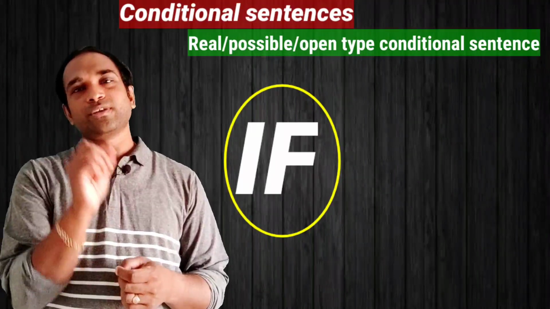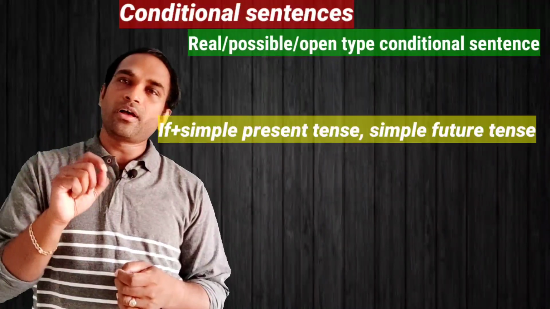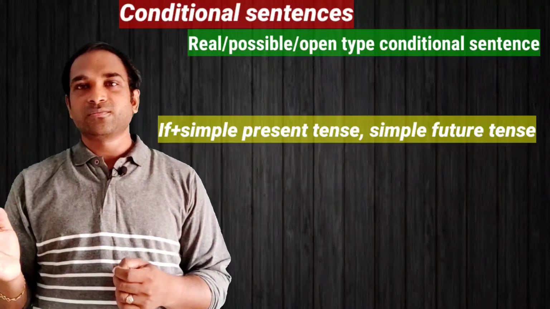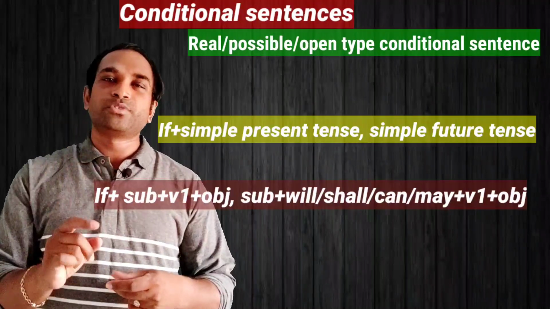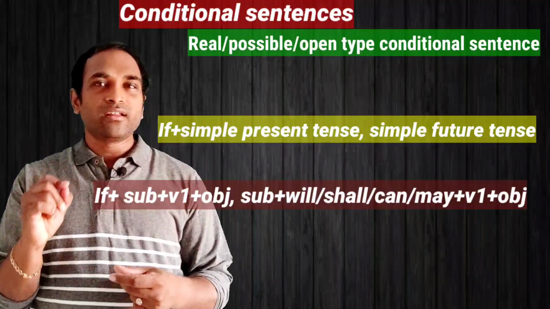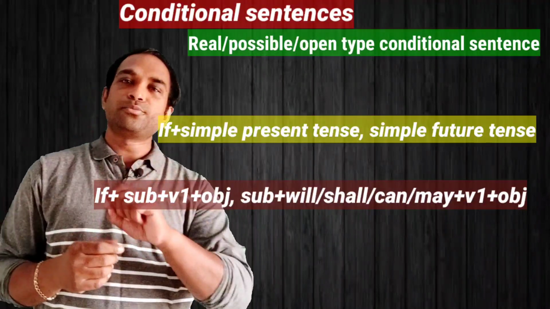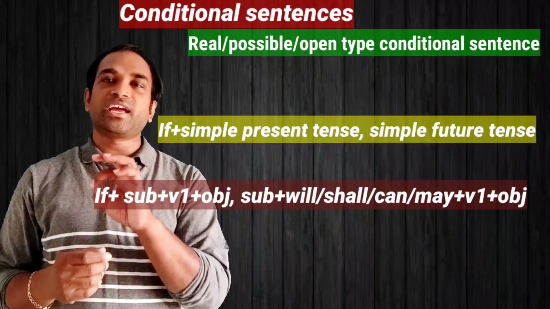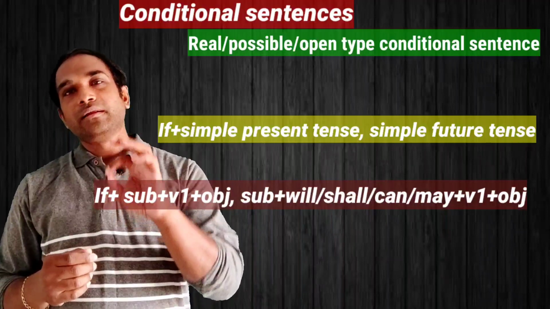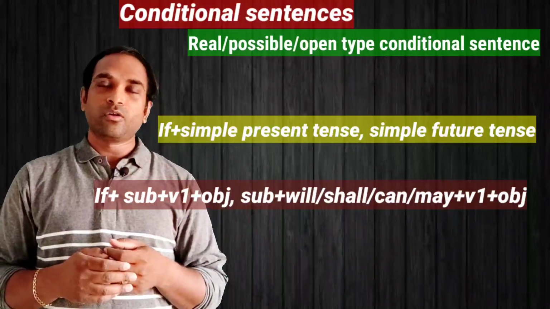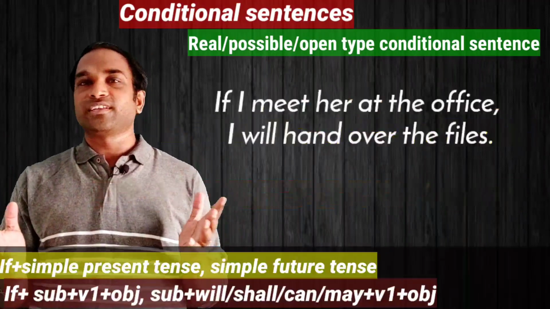So the sentence begins with if plus simple present tense, comma, simple future tense. If you want me to elaborate, if plus subject plus verb form 1 plus object, and then comma, subject plus will or shall or can or may plus verb form 1 plus object. In simple terms, it is simple present tense and simple future tense.